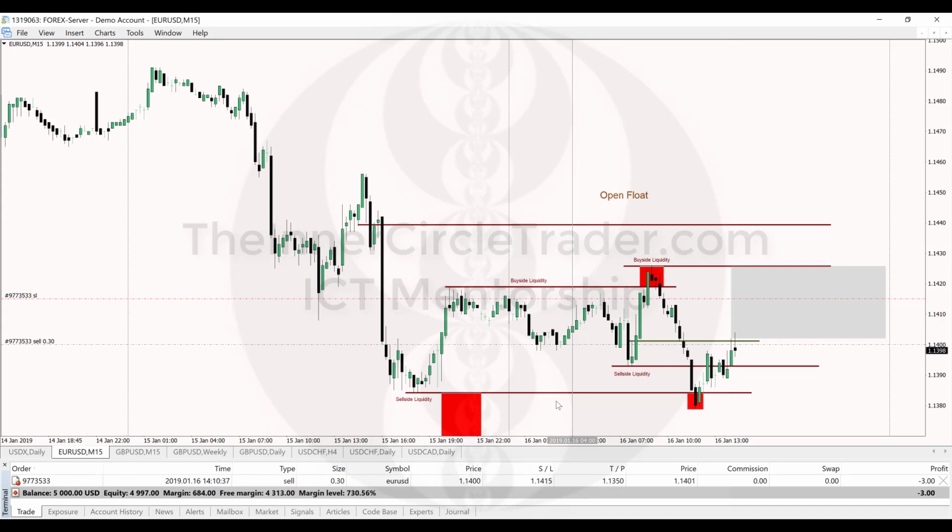We're running liquidity, and there's a pocket of liquidity that starts to pool and congregate around old lows and old highs, which is the basis for what we call a liquidity pool. The liquidity pool, the way I teach it, is framed on what we're showing here, open float.